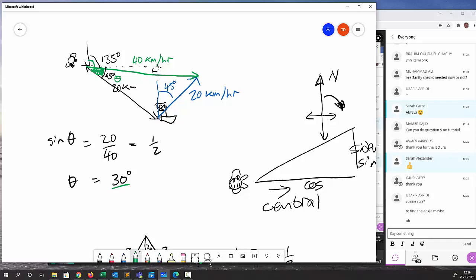So the bearing is going to be, so 30 degrees there, this is 45 to the line, so the little bit in there is 45 minus 30 is going to be 15, and obviously we've got 90 going on there, so 90 plus 15 is 105 degrees, so the bearing is equal to 105 degrees. Okay, so what bearing do you need to set to catch the pirates? And that's all it's asking.